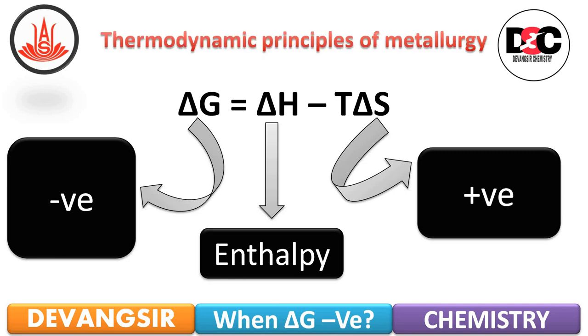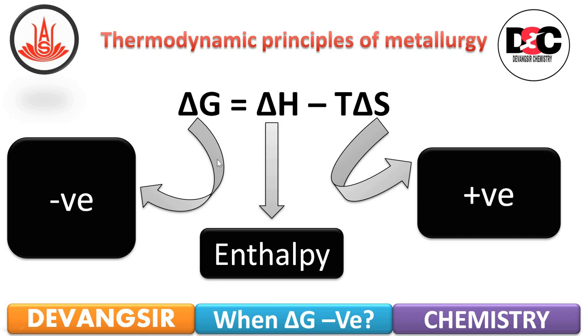Now for the thermodynamic principles of metallurgy, there are a few things I'll clear up. If any reaction is taking place spontaneously, that is, by itself, then the value of delta G should be negative. Then and only then can we say that the reaction will be spontaneous.